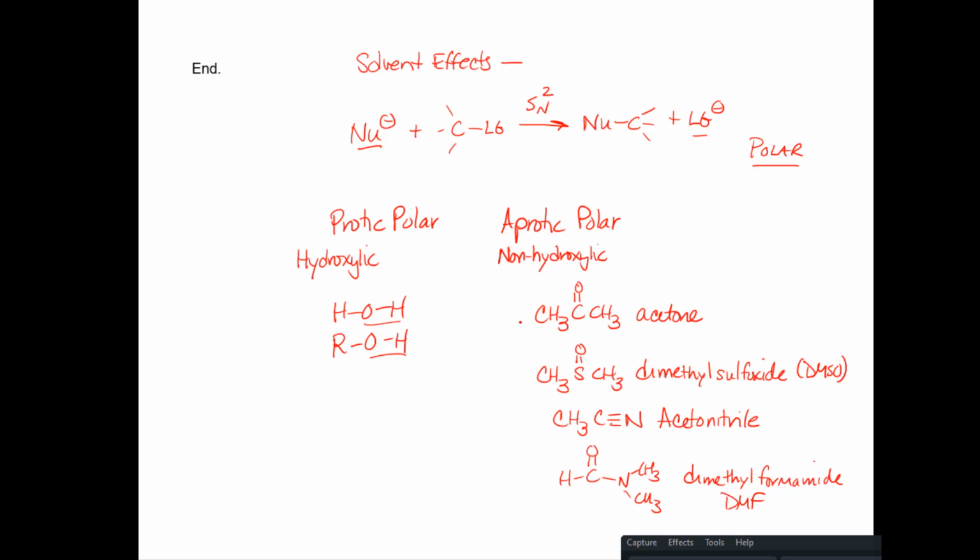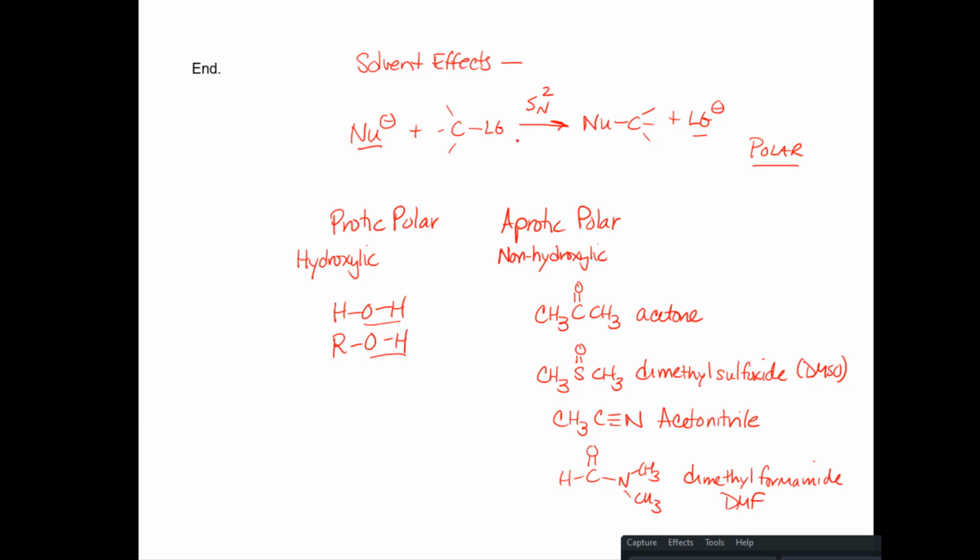So these are examples of aprotic polar solvents, or non-hydroxylic solvents. And so we break the polar solvents up into two classes.